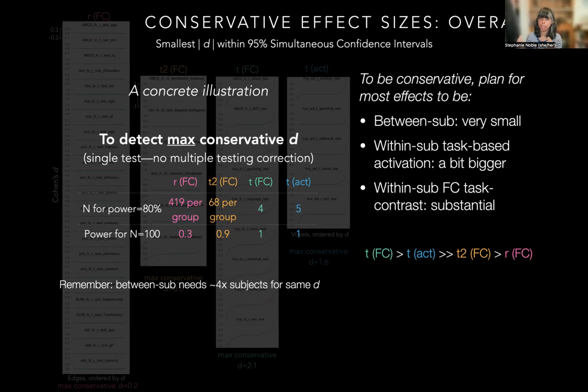Remembering, of course, that for the same Cohen's d, the between subject contexts on the left there typically need about 4 times the number of subjects. So 800 or 130 subjects compared to the 4 or 5, I think is pretty notable. And I highlighted it because of that.